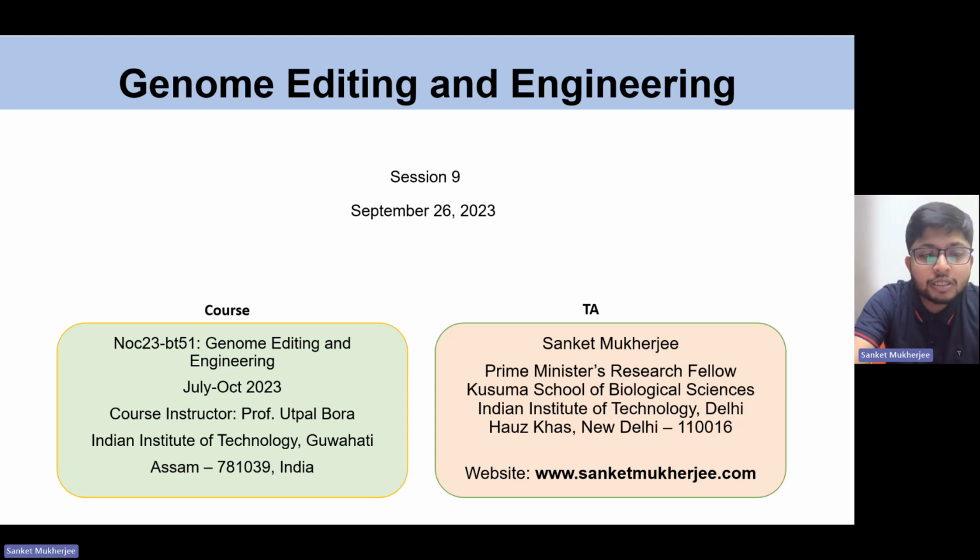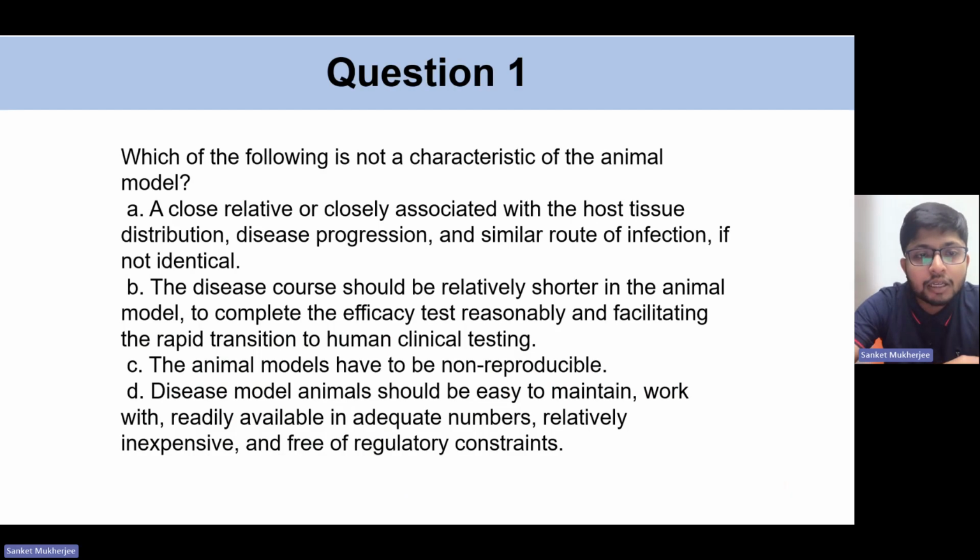So coming to question number one, which of the following is not a characteristic of the animal model? Is it A, a close relative or closely associated with the host tissue distribution, disease progression, and similar route of infection, if not identical? B, the disease course should be relatively shorter in the animal model to complete the efficacy test reasonably and facilitating the rapid transition to human clinical testing.